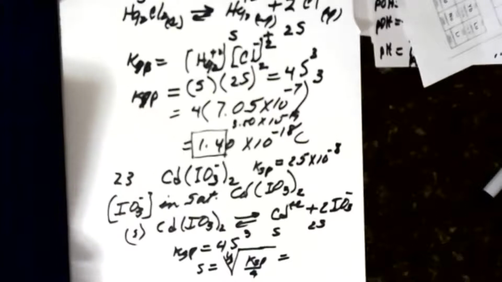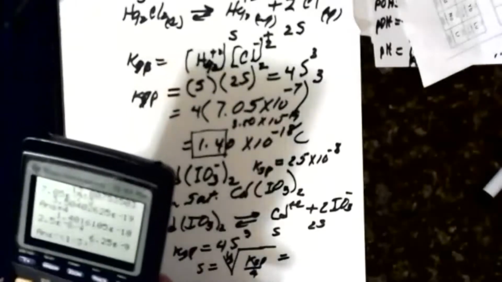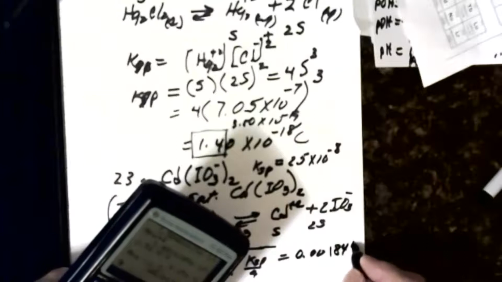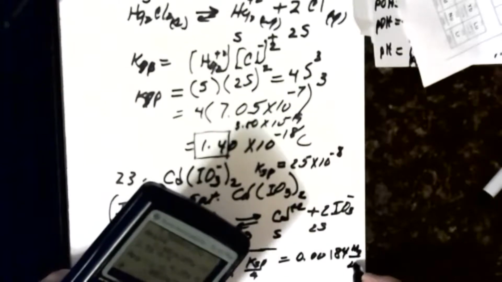The KSP is given. It's 2.5 with an exponent of -8. I want to divide it by 4. I get this answer. Now I want to raise it to the 1 divided by 3, 1/3 power. That's the way I have to take cube roots. So what I came out with is S is 0.00184 moles per liter.